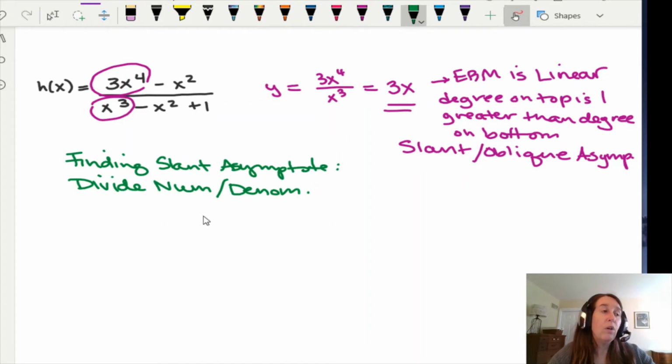In some cases we'll be able to use synthetic division, and that makes this problem really easy. In other cases we're going to have to do long division, because we can't do synthetic division here. What would we put on the shelf for x cubed minus x squared plus 1? So we have to do long division. So I'm going to say long division or synthetic division.